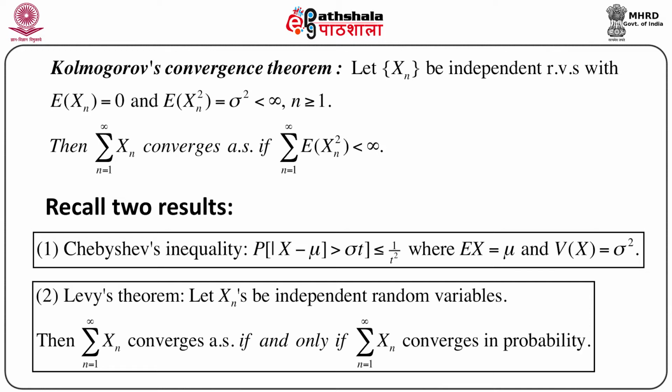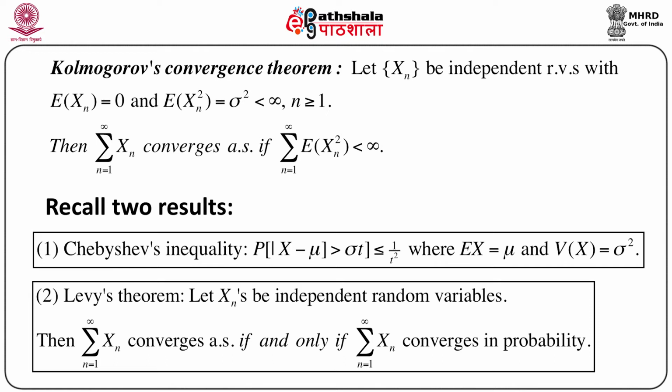Before proving Kolmogorov's convergence theorem, we first recall two extremely important results, as I have already mentioned in previous talks. One is the famous Chebyshev's inequality, another is Levy's theorem, which we have already discussed. What is Chebyshev's inequality? The probability that modulus of x minus mu is greater than sigma t is less than or equal to 1 by t square, where expectation of x is mu and variance of x is sigma square.